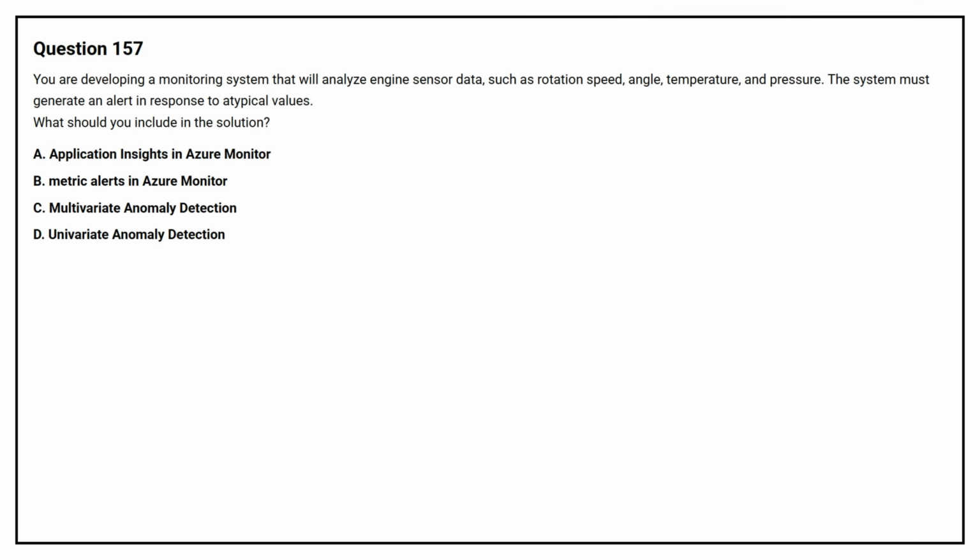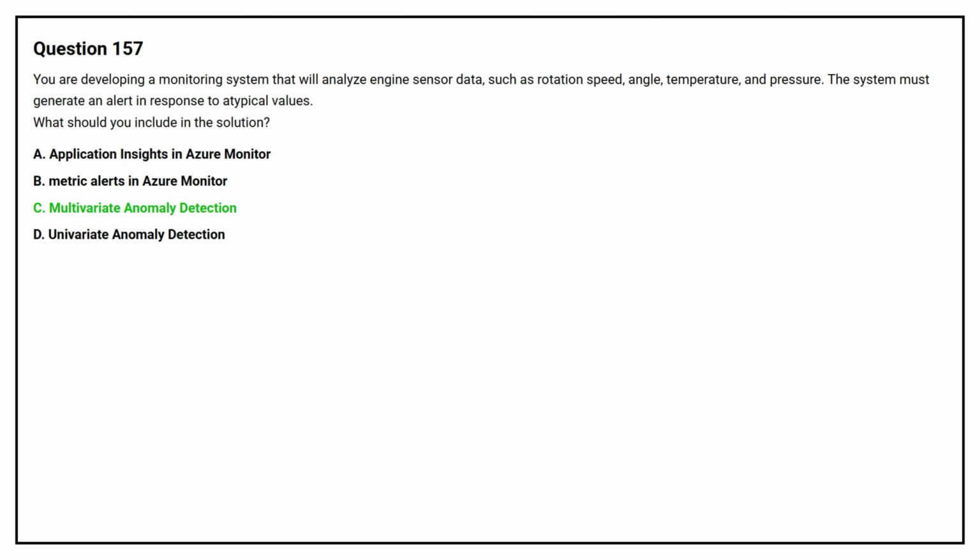What should you include in the solution? Option A, Application Insights in Azure Monitor. Option B, Metric Alerts in Azure Monitor. Option C, Multivariate Anomaly Detection. Option D, Univariate Anomaly Detection.